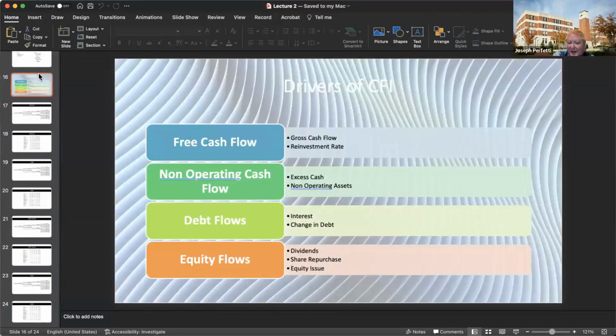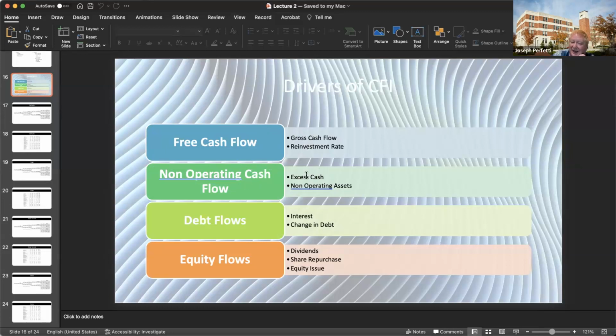Anytime you do a cash flow analysis, there are 4 parts of the cash flow because we rearranged everything to fit Modigliani-Miller. The first part is called the operating cash flow. That's the free cash flow, gross cash flow minus gross investment. The second part is the non-operating cash flow.